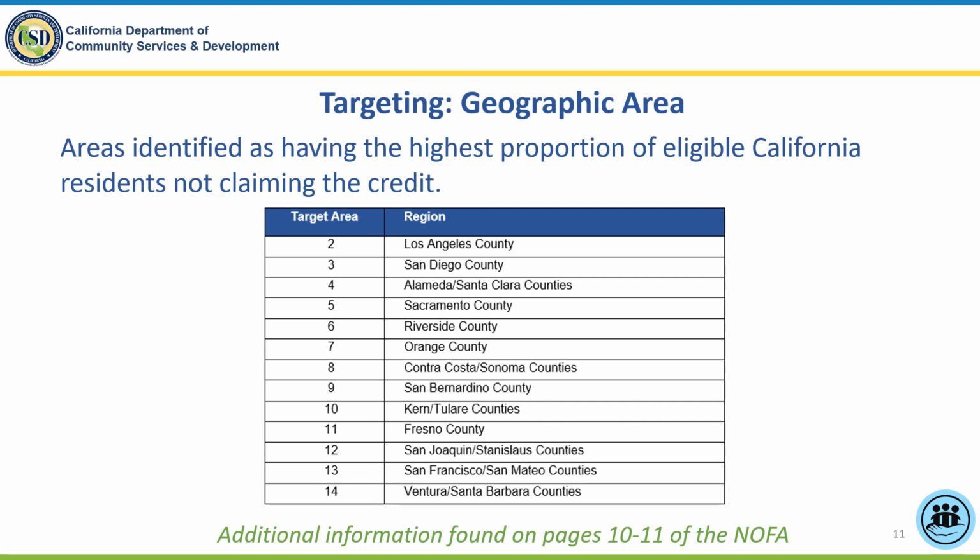Feel free to email the CSBG Division inbox at csbgdiv@csd.ca.gov if you have any questions pertaining to these geographic regions. Potential CalEITC filers were calculated by using U.S. Census data to identify households that approximately meet the income thresholds to claim the credit.